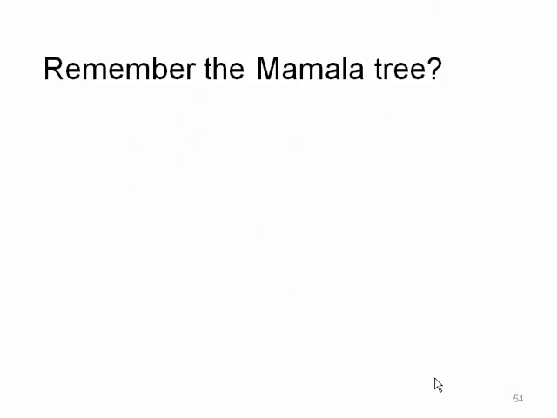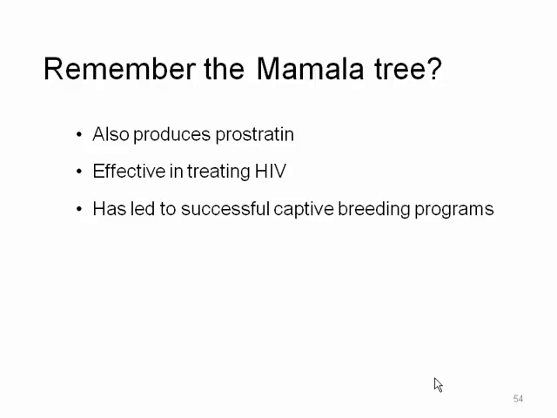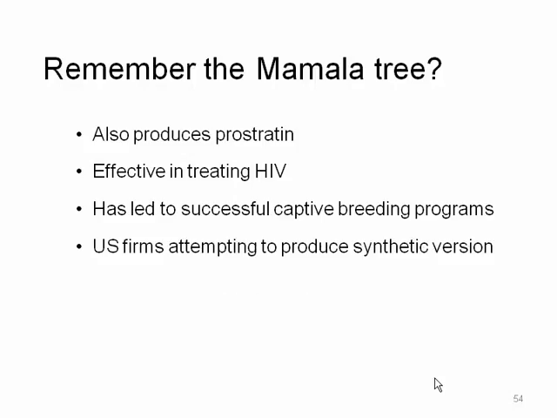So recall the case study of the mamala tree. In addition to its other values, it also produces a compound called prostratin, which is important from the standpoint of treating HIV. And there have been some efforts with the mamala tree to undertake captive breeding programs and extensions of the tree.